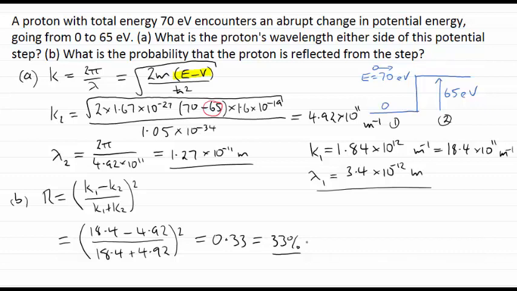But when we remember that particle also has wave-like properties, and we have to think about what a wave would do when it encounters some abrupt change as it's traveling along, there's always some likelihood, some non-zero probability of reflection there, and that's what we're really seeing here in the quantum mechanical treatment of this proton interacting with the step here. And for these particular conditions, it's actually 1/3 likely to reflect, or if you prefer, if we had a beam of protons coming along here all with this energy, basically 1/3 of those protons in the beam would be reflected and 2/3 would be transmitted.